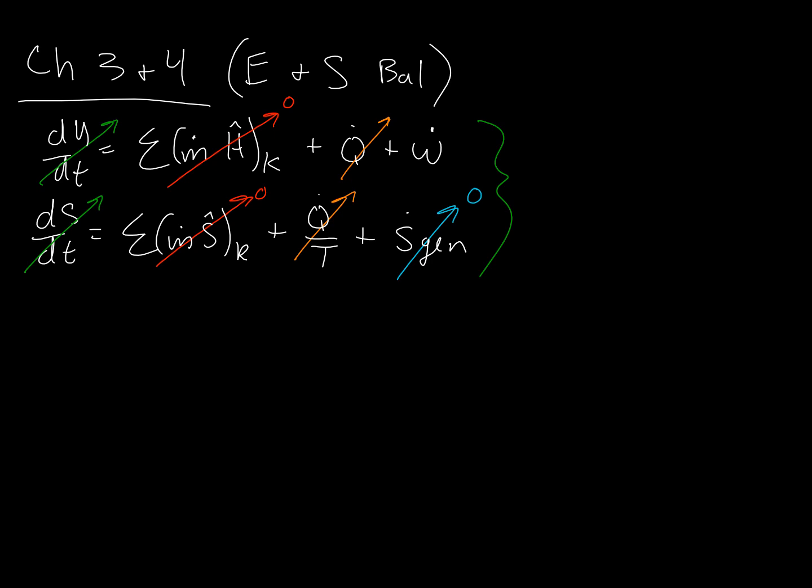So let's say, for example, we are working with a system that is closed and we want to simplify these expressions. If it's closed, our energy balance simplifies down to dU/dt is equal to Q dot plus W dot. Now, let's choose any arbitrary piston cylinder device. Let's say we change the volume. Let's say we change the temperature.